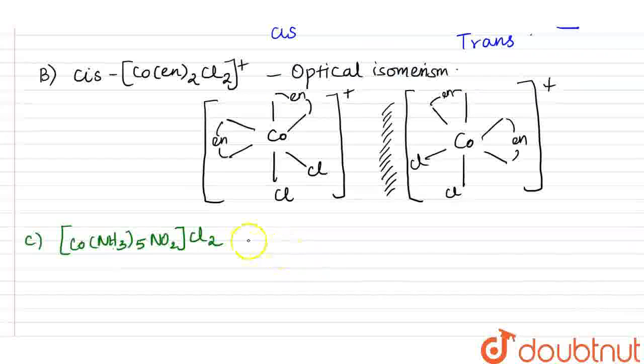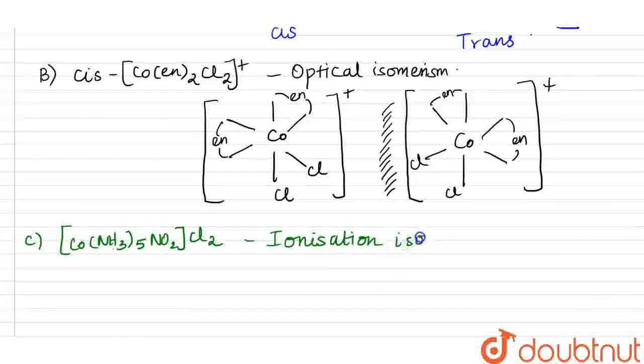This complex exhibits ionization isomerism. Do you know what is meant by ionization isomerism? Ionization isomerism is when compounds have the same molecular formula but give different ions in solution. When it dissolves, it gives different ions in solution, and the ions can move inside and outside the coordination sphere.